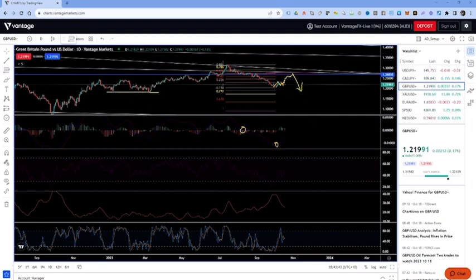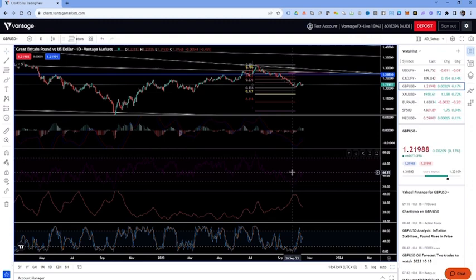Let's have a little look at the other indicators. Is the RSI overbought? Well, not at the moment. In fact, it was oversold here, and you can see that this market at this point has now started to go up.